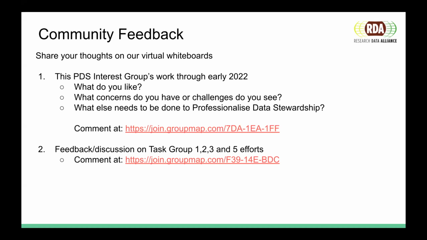I would also add to that research data stewardship versus other types of data stewardship. Has anyone thought about that? And have any of the task groups so far grappled with that question of how to frame data stewardship? Is it research? Is it domain? Is it bigger? What's the approach you've taken so far?